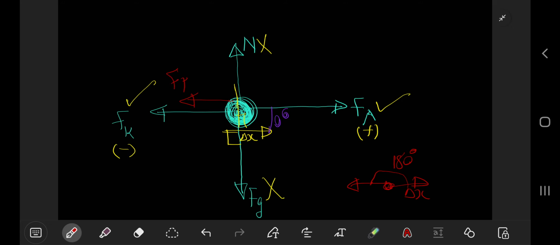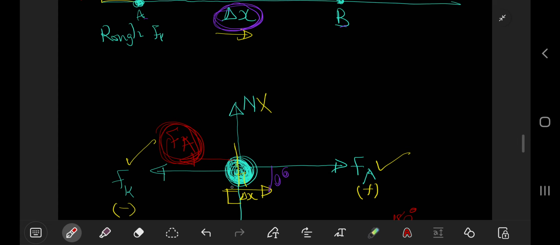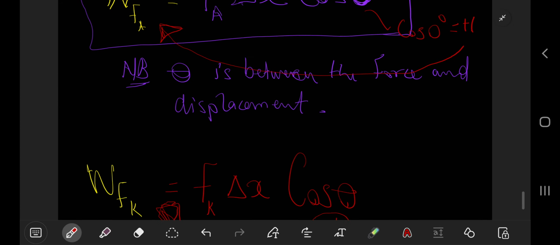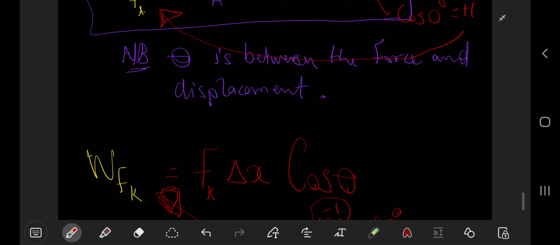If you were to calculate the work done by this applied force, it would be negative because it's opposing the direction of the displacement or the direction of motion of the object. So it's possible that the applied force does negative work. It depends on the direction where it's acting.